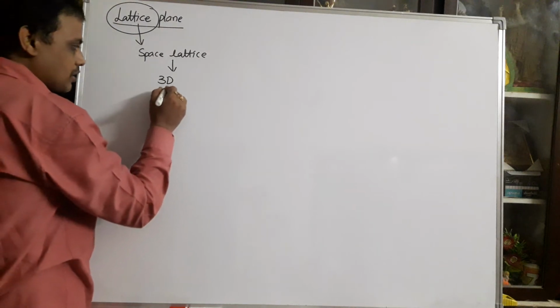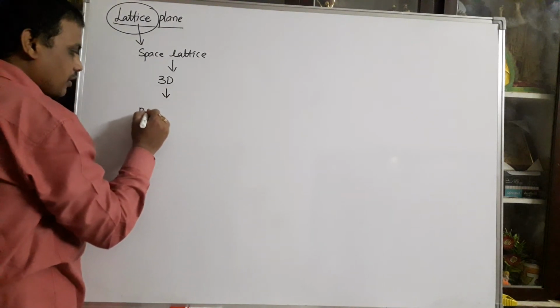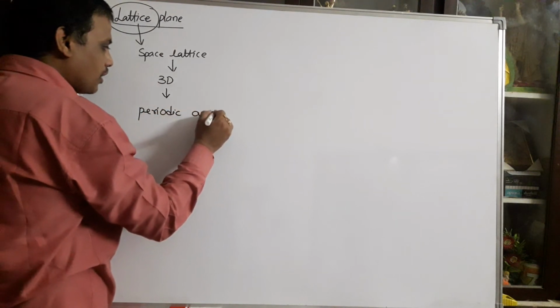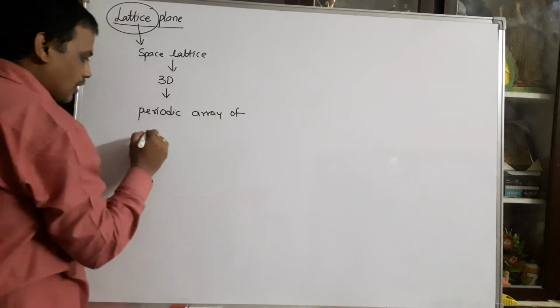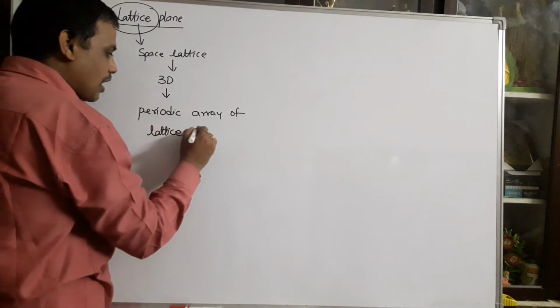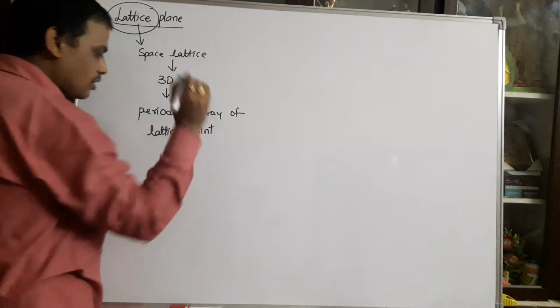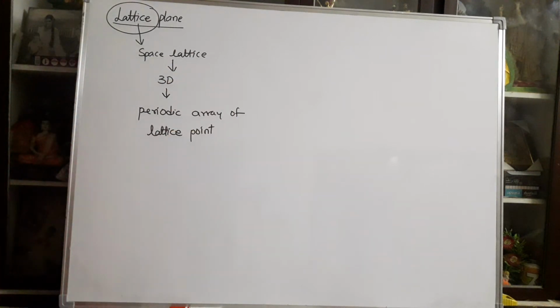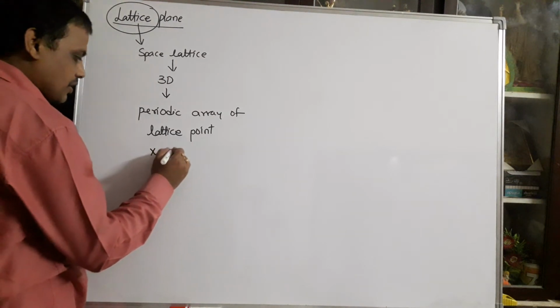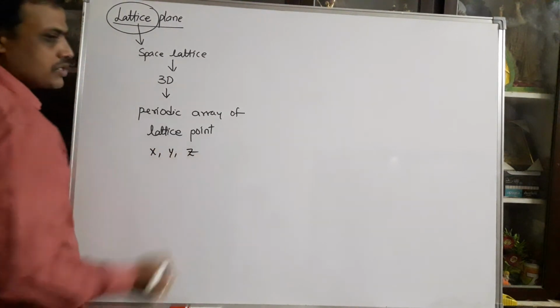Crystal structure is nothing but a periodic array of lattice points. This is called the crystal structure. It is expressed in terms of three dimensions, the x direction, y direction and z direction.